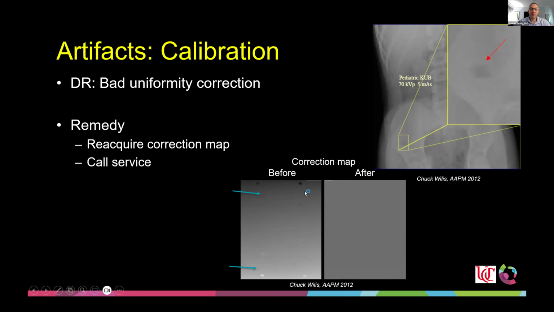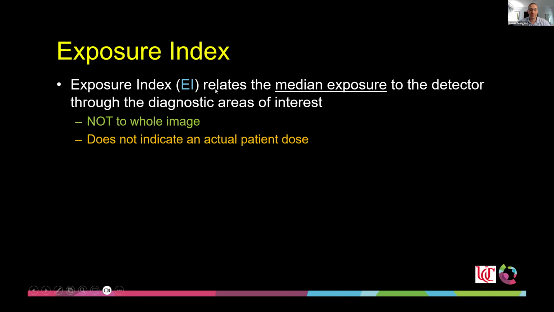I know sometimes we get busy going from patient to patient every day, every week, every month, but it's important to take 10 minutes and do a calibration when it's due. All right, so how do we know when our exposure levels are appropriate and when we are over or underexposing our patients?